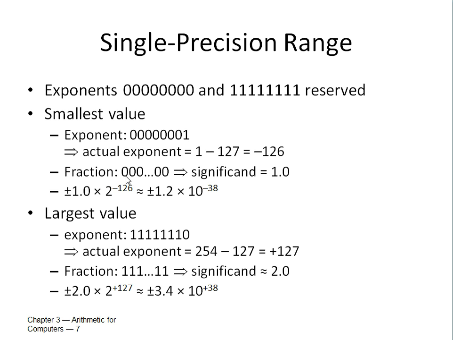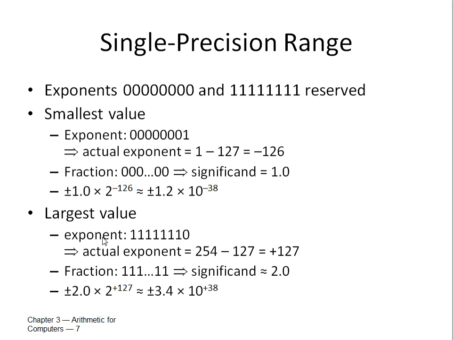To make the fraction as small as possible, I set them all to 0, which means the significand is just 1 point in the fraction, so it's just 1. So putting that back into our number, plus or minus 1 times 2 to the minus 126, and they point out to you that that's around 10 to the minus 38. It's a fairly decent number of digits in there, and it's a practical, useful range. So that's cool as it goes.